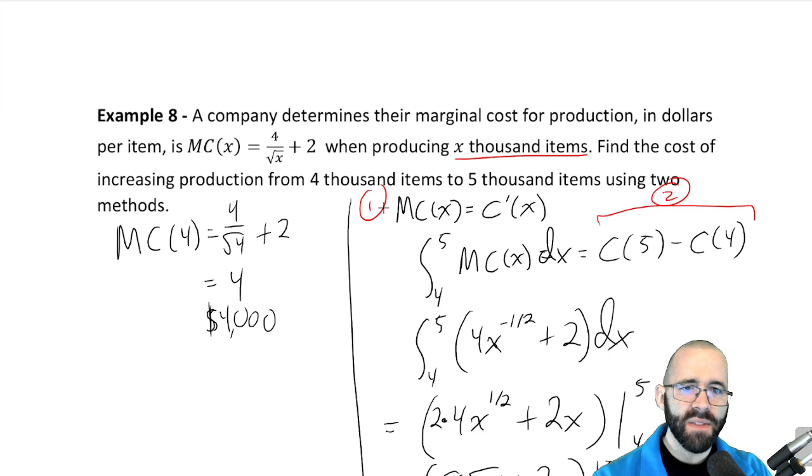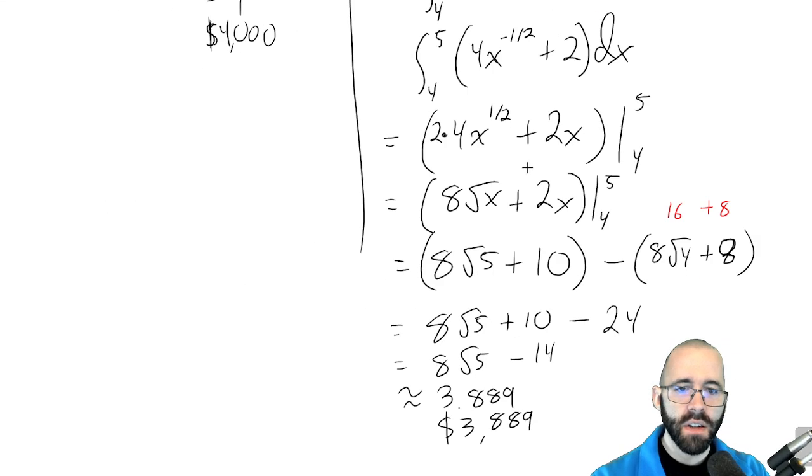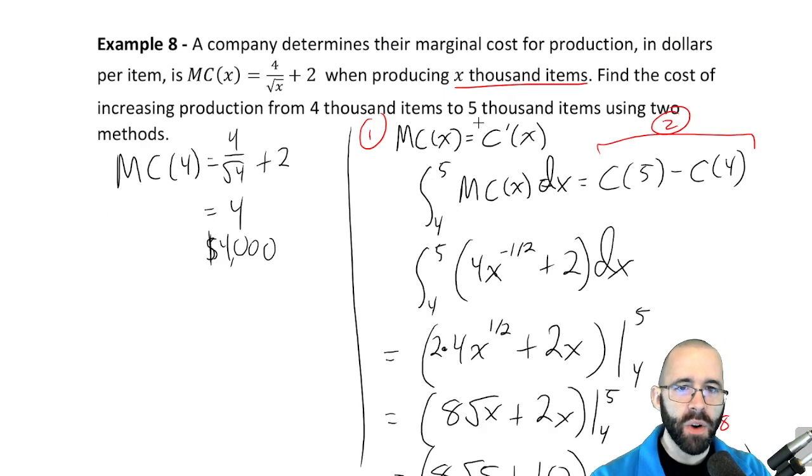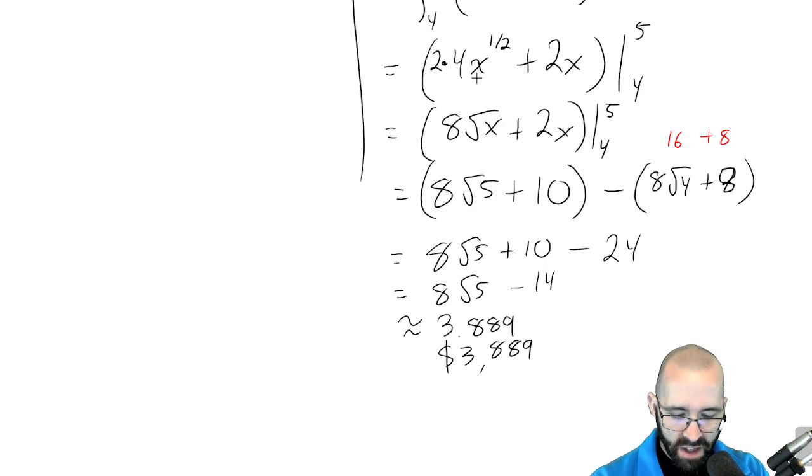Again, I think this problem is written a little bit odd. The cost of increasing production from this many items to this many items has got to be in the thousands of dollars. It's not going to cost $4 extra to do an extra 1,000 items. I feel like I'm missing something small in this problem, but that's the idea.